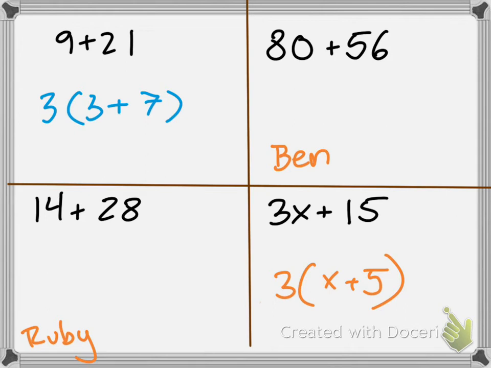We can't take out an x from any of the other ones, so that x just stays. They're both divisible by 3. Excellent. So we were left with this. Amelia, what did you get? I got 7 and then parentheses 2 plus 4.